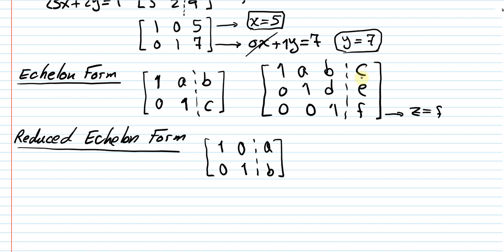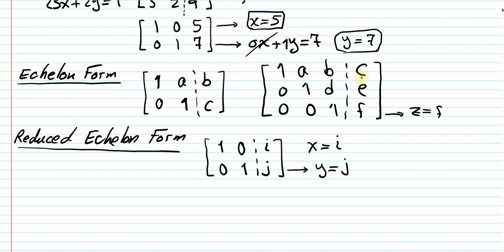Instead of A, B, call them I and J. It is in this form that we can identify, oh okay, then Y is J and X is I. There you have it, in the reduced echelon form.